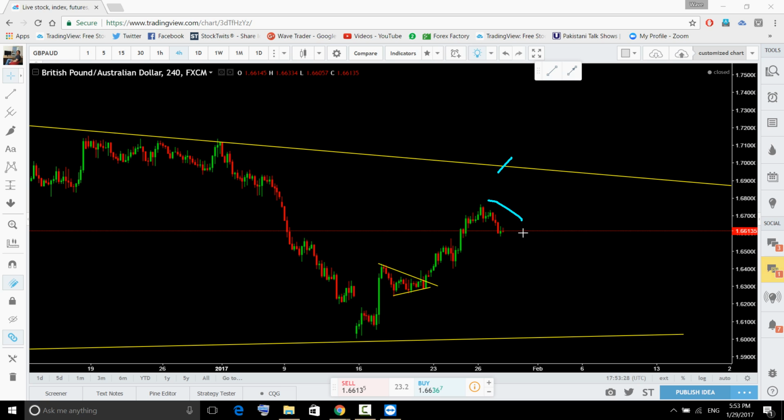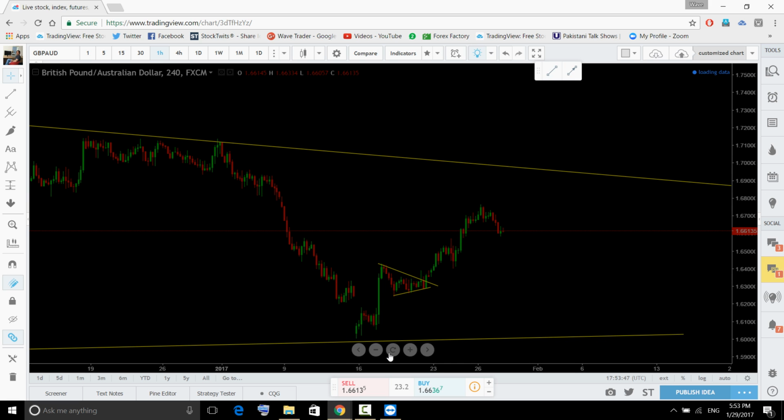But I can see that here at this place, there is no way to break through. Yeah, so it can resist that trend line again and can fall rather than going through that trend line.